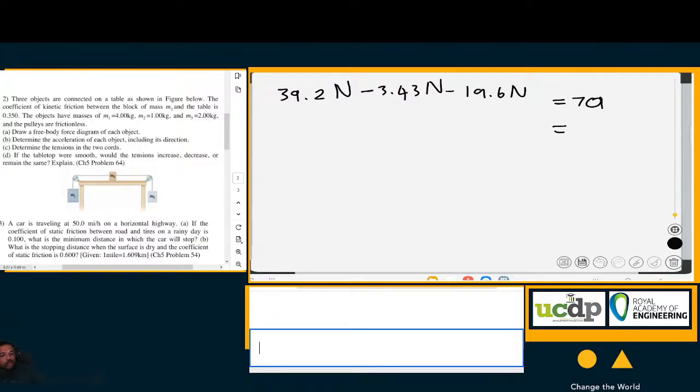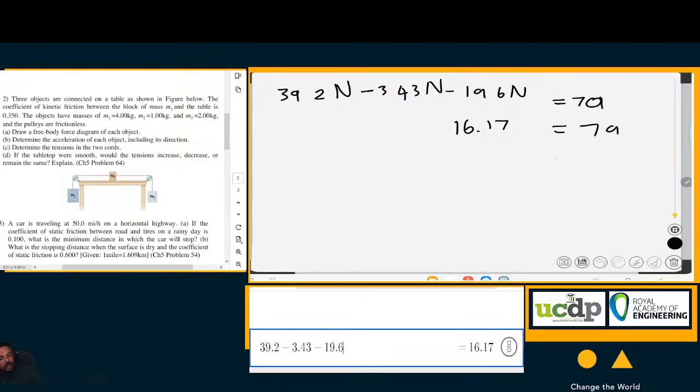That's 39.2, minus 3.43, minus 19.6. That's 16.17. If you look there, that's 7 times the acceleration.